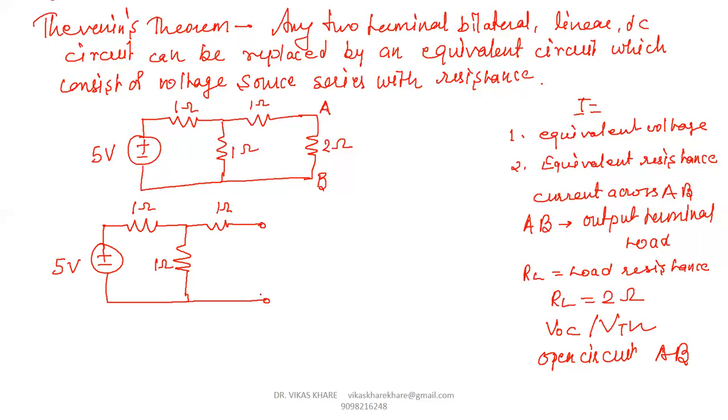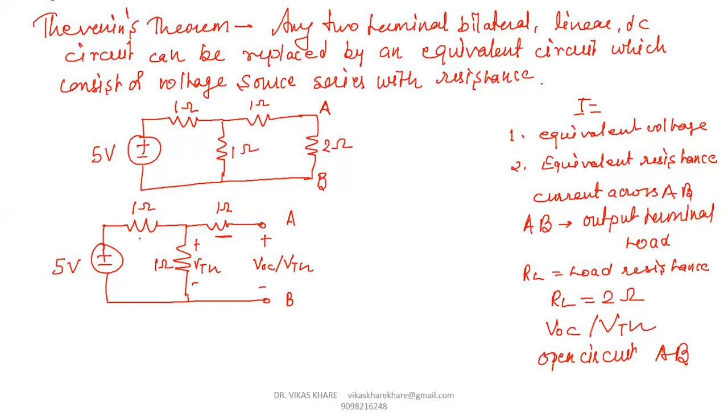Because the AB terminal is an output terminal, it converts into an open circuit. Then we identify the value of VOC or VTH. So when terminal AB is open circuit, the current across this 1 ohm resistance is 0 because the terminal AB is open circuit. So the value of VTH is directly at this point.